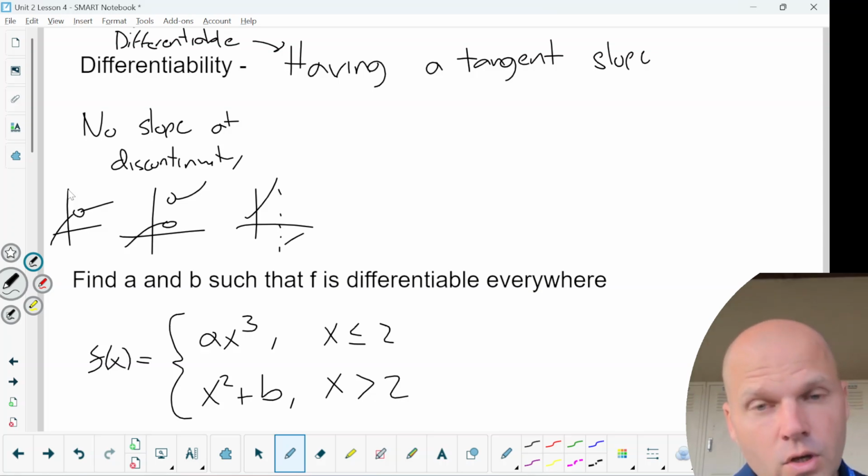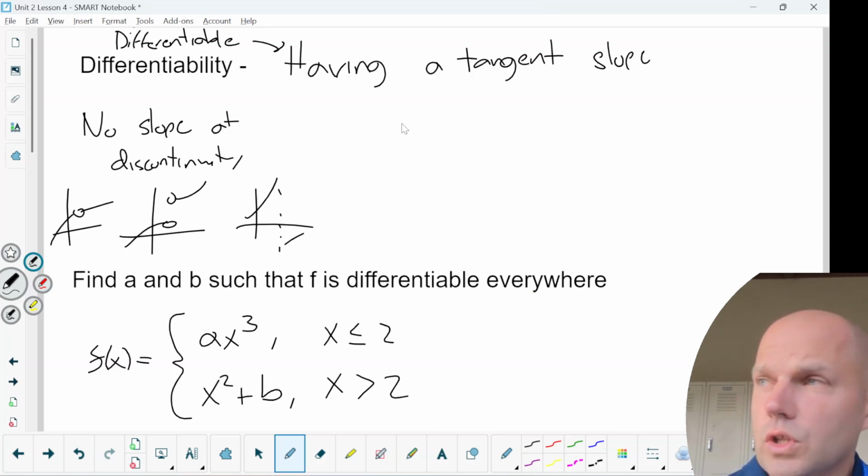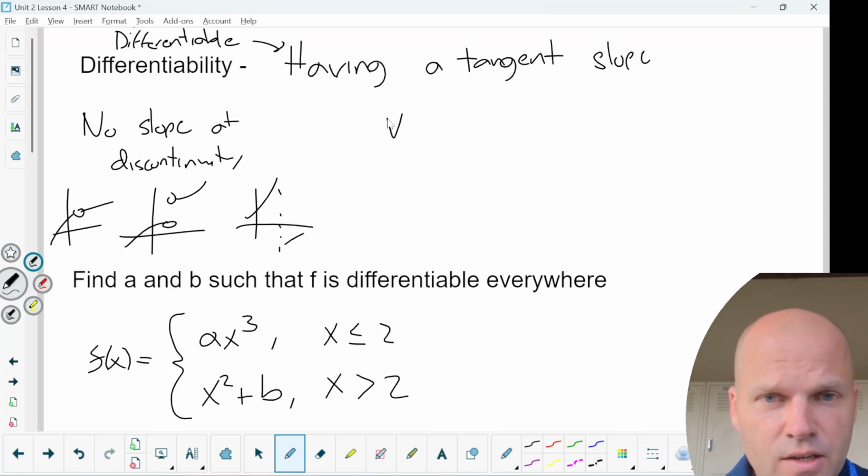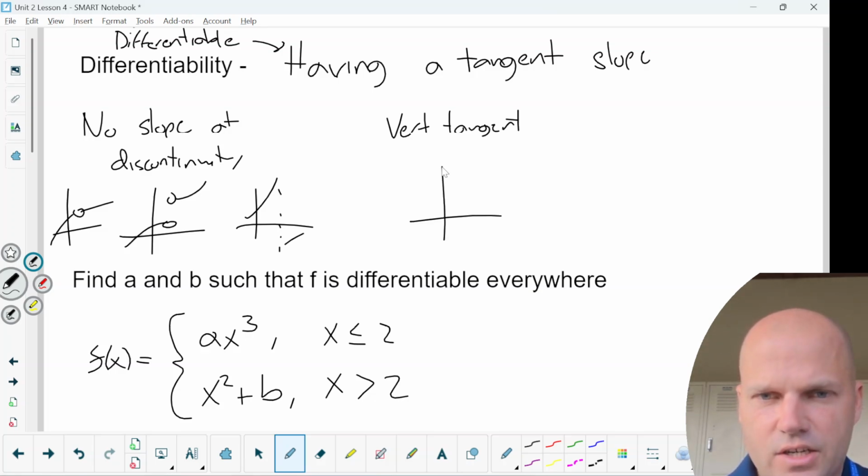Cool. There's some other things. Because a vertical line doesn't really have a slope, its slope is undefined. A vertical tangent, though it's an important location, is actually called a spot where we are undifferentiable. Now, where do vertical tangents occur?